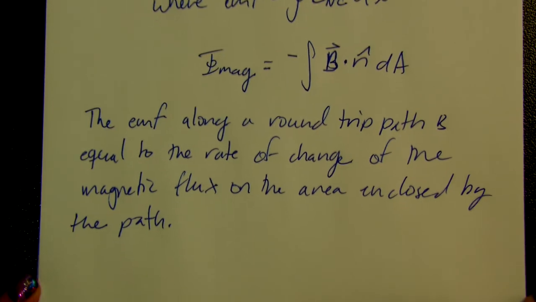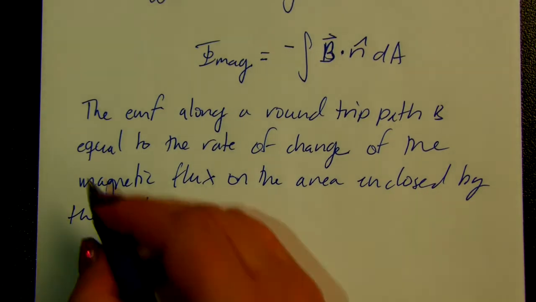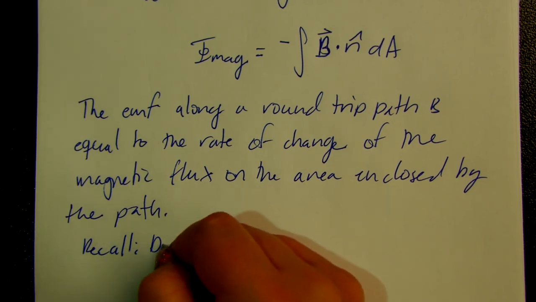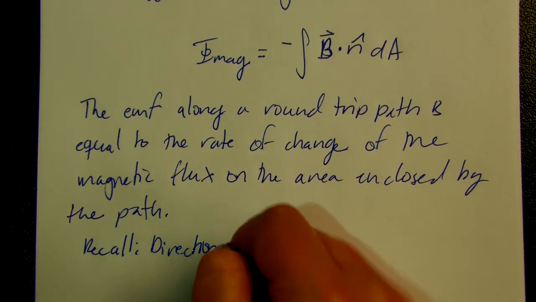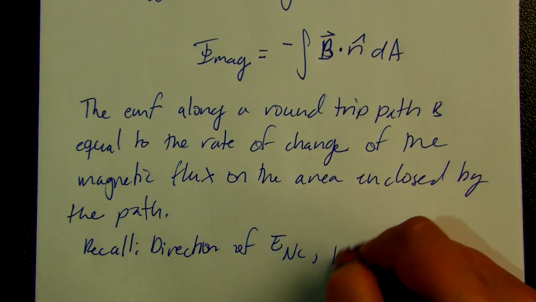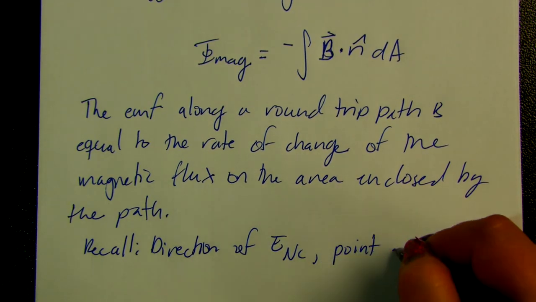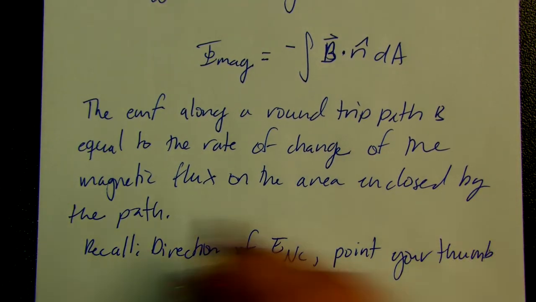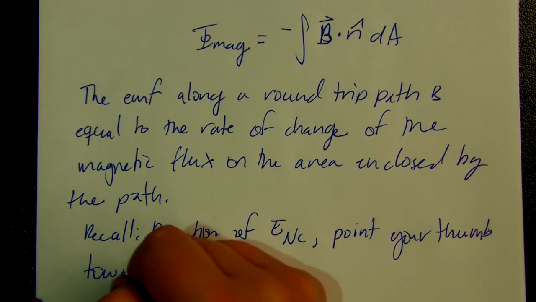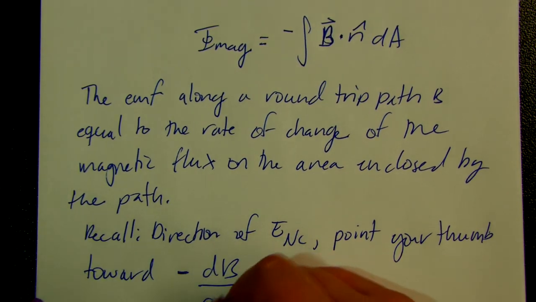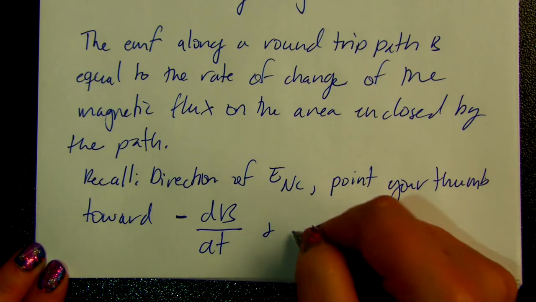So, if you recall, the direction of E non-Coulomb: point your thumb toward minus dB/dt and curl your fingers.